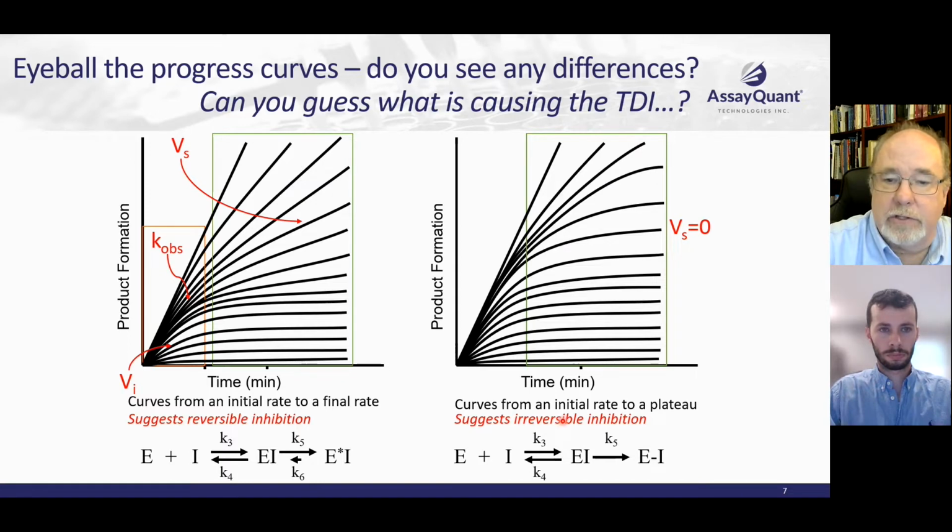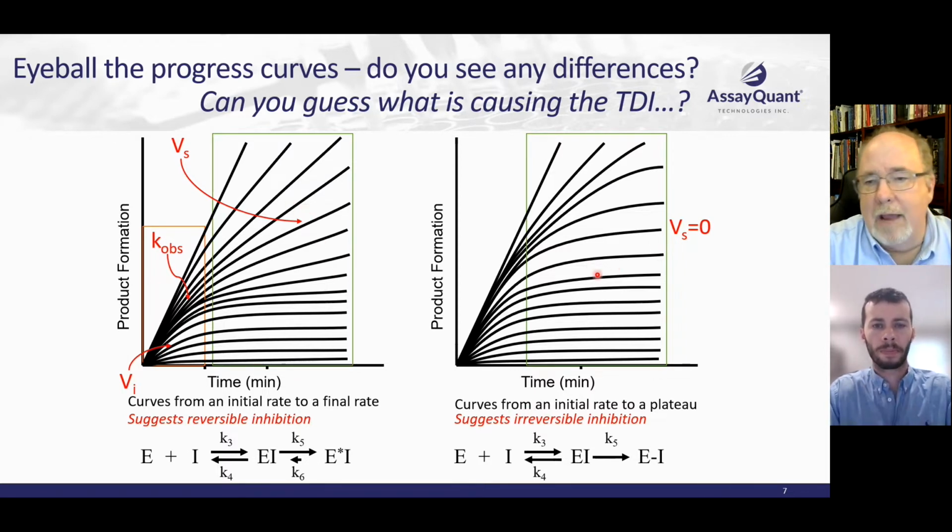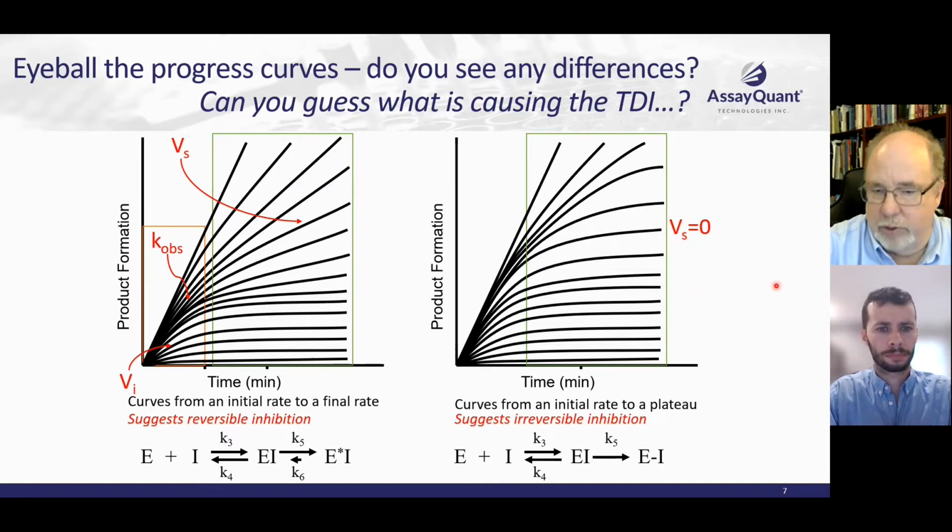That is all suggestive of an irreversible inhibitor. So just eyeballing it, often you can tell this suggests it's going to be reversible, and the fact that these are all plateauing at 0 suggests that it's irreversible.